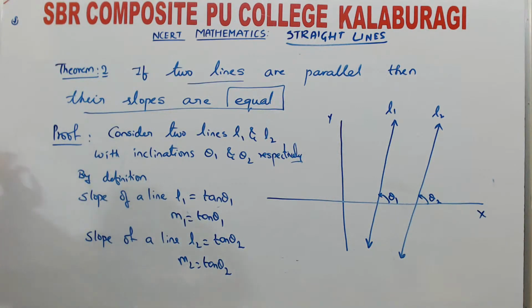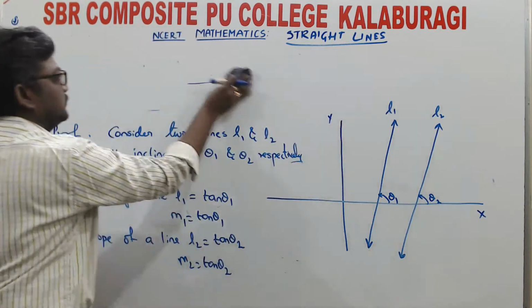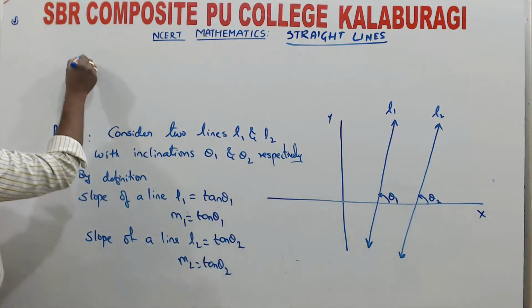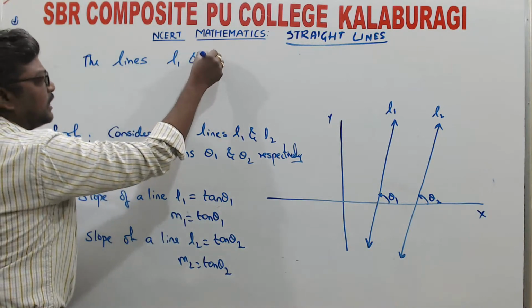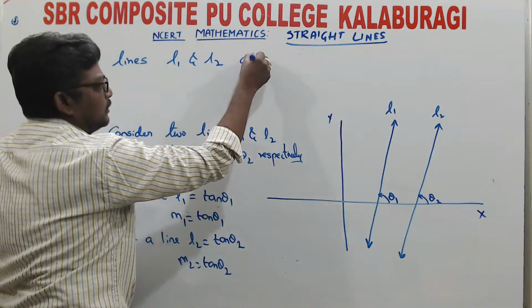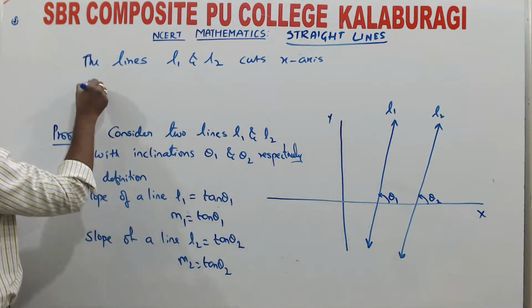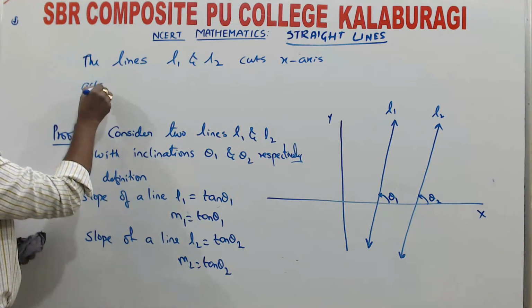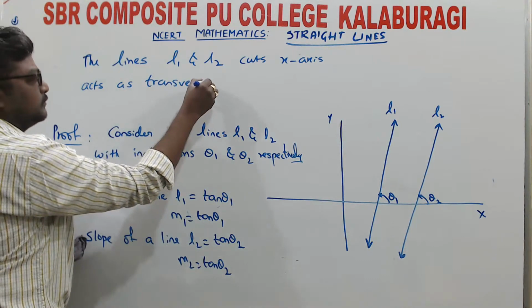Since the lines L1 and L2 are parallel, the x-axis cuts them and acts as a transversal.